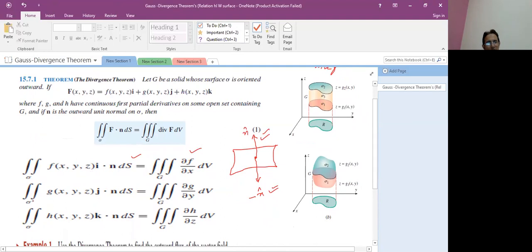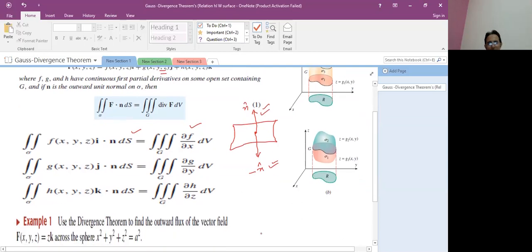So the double integral over sigma of g of x, y, z, the second function, j dot n dS, is equal to the triple integral over G of the partial derivative of g with respect to y dV, and the double integral over sigma of h of x, y, z, k dot n dS, is equal to the triple integral of the partial derivative of h with respect to z dV.